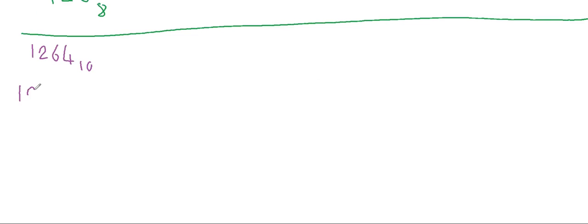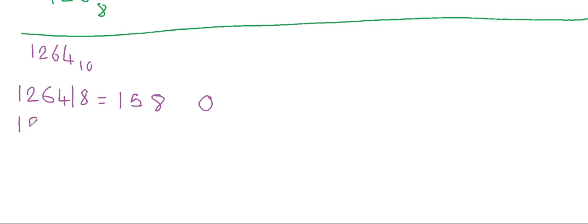So we'll divide 1264 by 8. So 8 times 1 is 8, remainder is 4, so 46. 8 times 5 is 40, and the remainder is 6, and 8 times 8 is 64. So this is exactly divisible. 158 times 8 is 1264, and the remainder is 0.